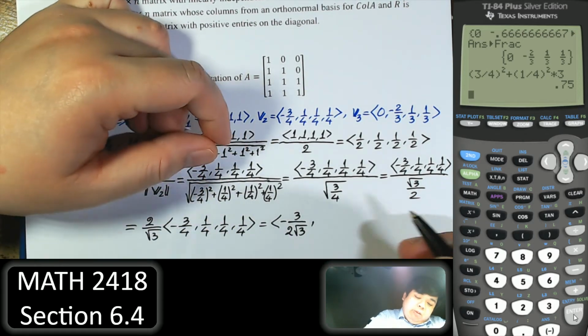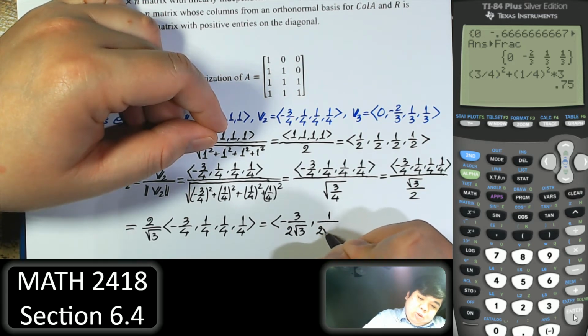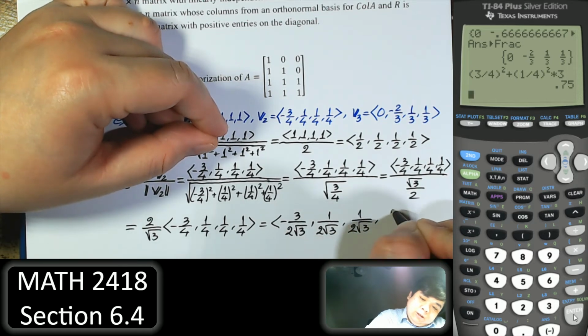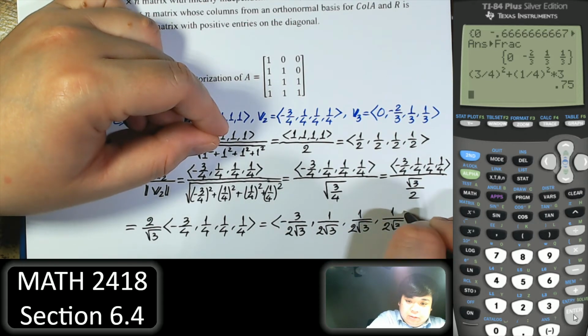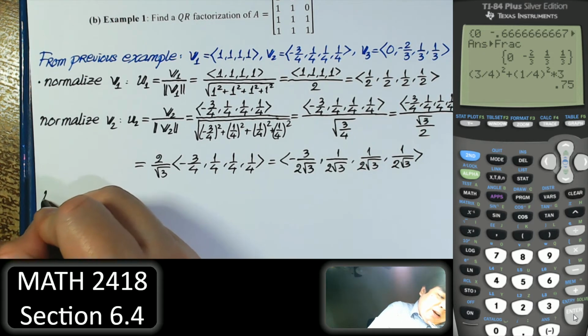And then 2, and for that to cancel, we have 1 over 2 square root of 3. Right. So that is u2.